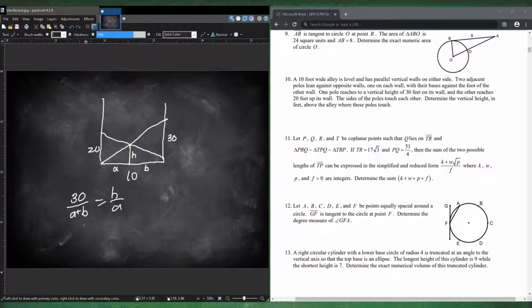And now we could just use this triangle and this smaller triangle, and we get 20 divided by A plus B is equal to H divided by B. Okay, and we also know that A plus B is equal to 10. So what we do is that we could divide these first two equations by each other. So then the A plus B cancel each other out, so it's just 30 divided by 20. And H over A divided by H over B is just going to be B over A.